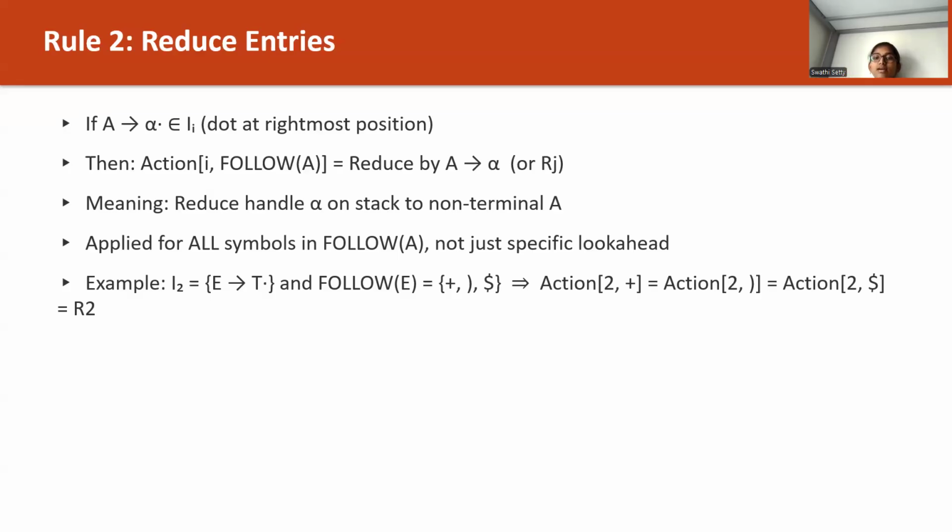Action of 2 comma plus, 2 comma closing parenthesis, 2 comma dollar is filled with R2. R2 comes from the grammar, in which E gives T is the second production, numbered as 2. Then it is numbered as R2.